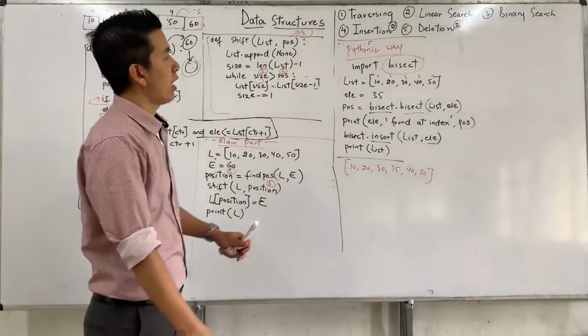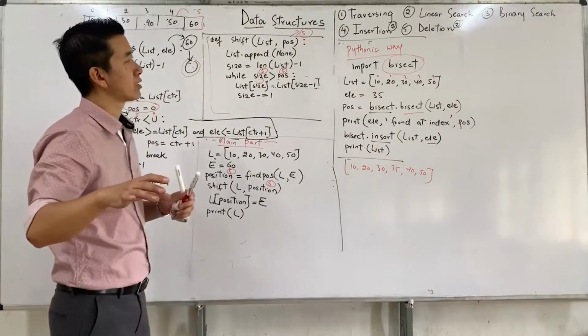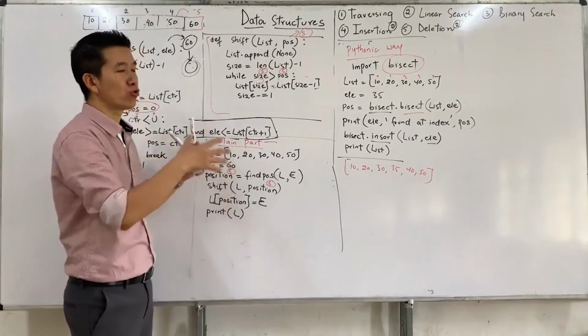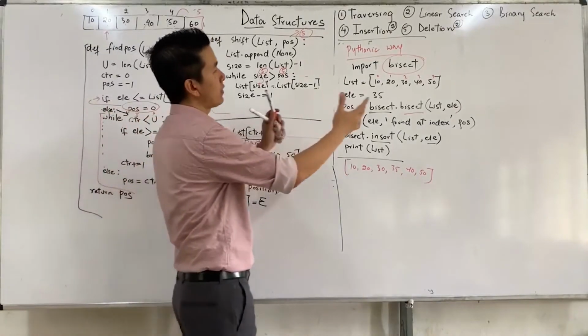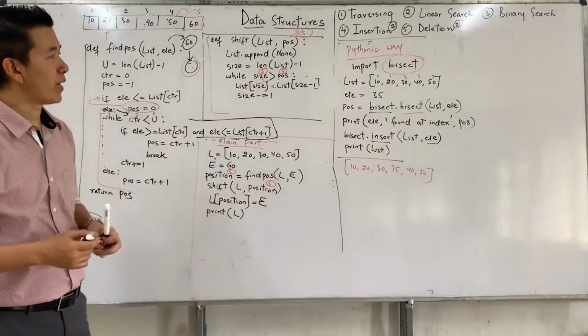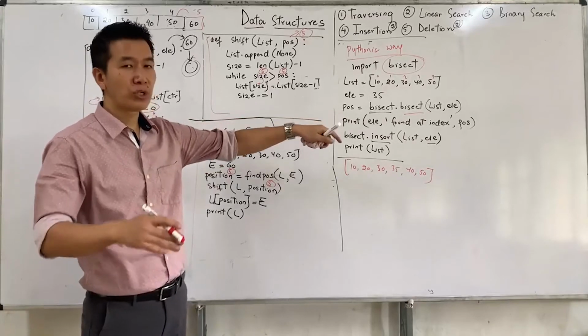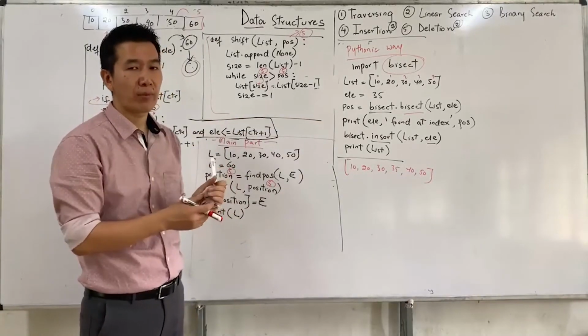So this is how you carry out the insertion task in a list using the traditional approach, and then you have the Pythonic approach, through the means of Python by using the functions which are new in the Python programming language.